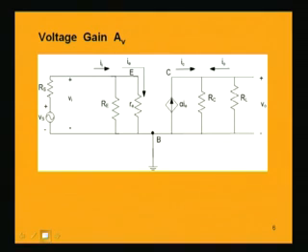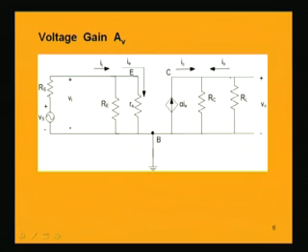Now, voltage gain, we know, is the ratio between output voltage and input voltage. That means we have to find out V naught by Vi. So, again looking into the circuit, find out V naught by Vi. Now, V naught is what?